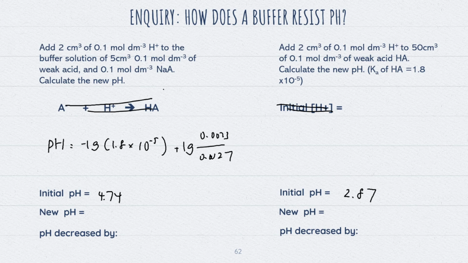Of course, this is in moles. If you want to convert it into concentration, go ahead. But as I said in the previous videos, when you divide by the volume, it's the same volume, so they cancel each other out. So there's no point doing that. But now let's calculate what happens.